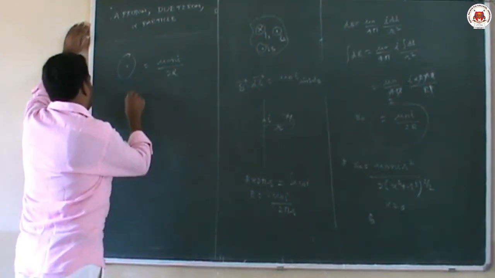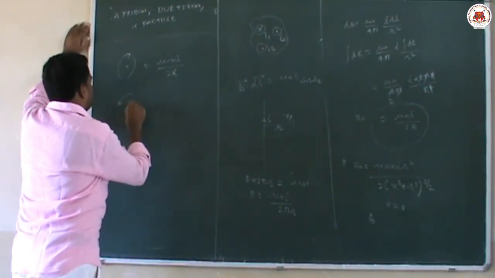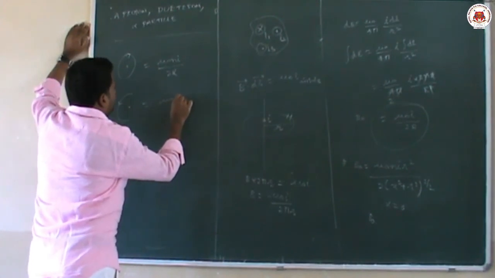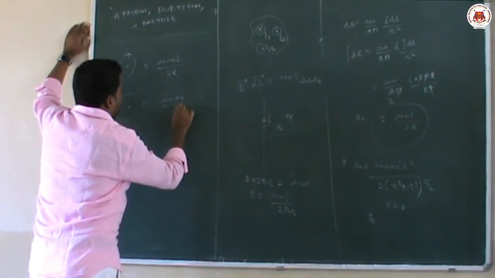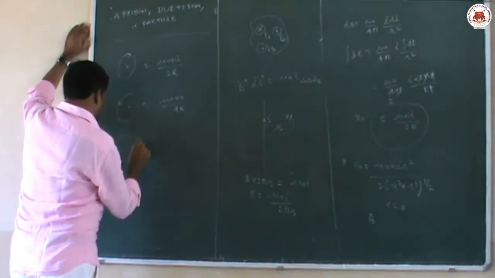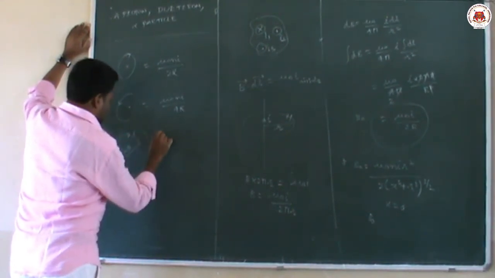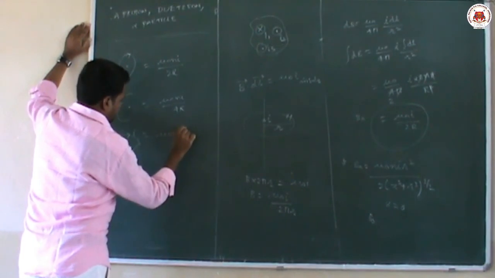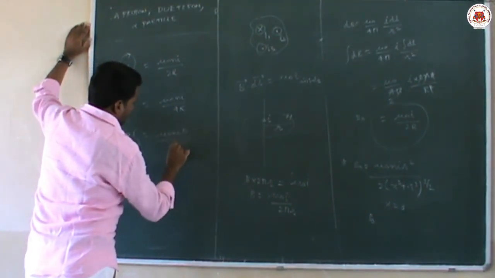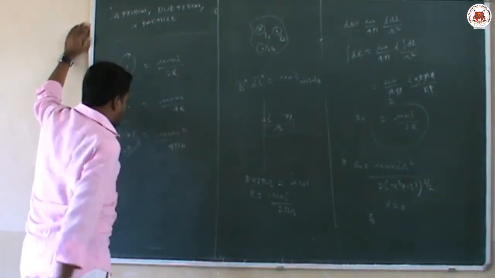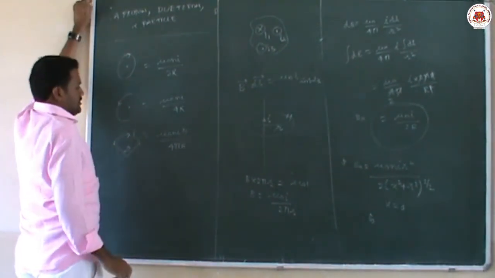The magnetic field at the center of a semicircle is mu naught N I by 4r. The magnetic field at the center of an arc making an angle theta at the center is mu naught N I theta by 4 pi r, where theta is in radians.